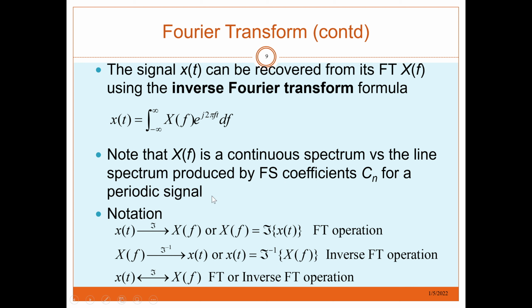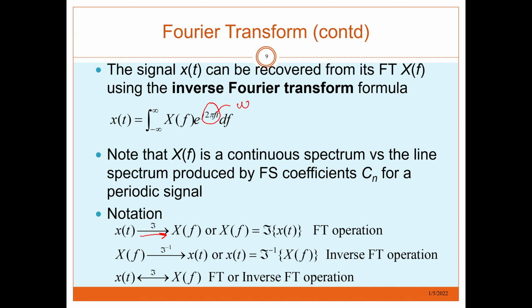Alright, so again, if we recall the Laplace transform, we are also using the exponential in the Fourier transform. Okay, but this time we are going to use j 2 pi f, or sometimes we will use omega. Okay, so if we transform from time to frequency, one side we call it FT.